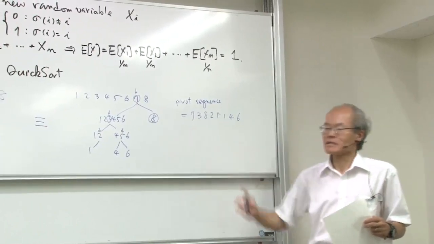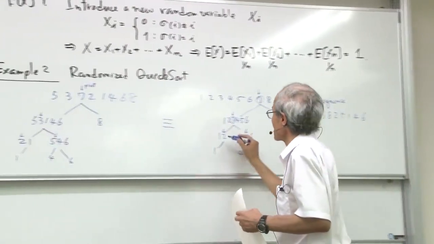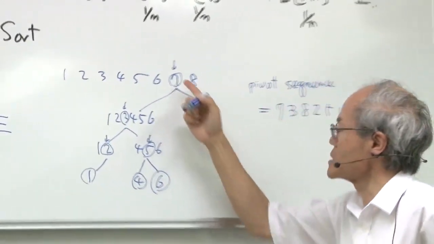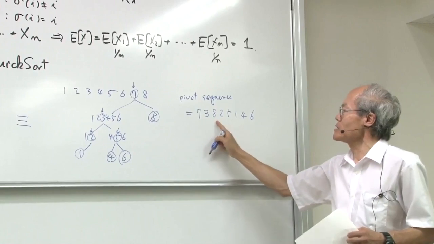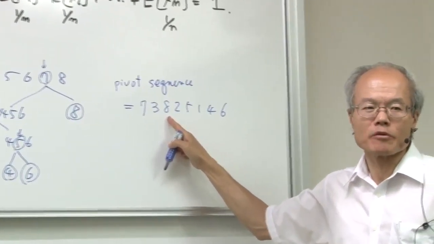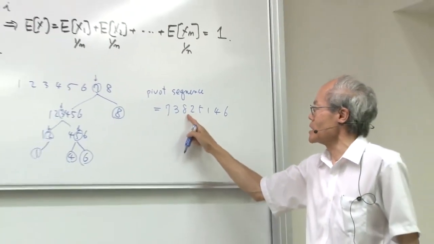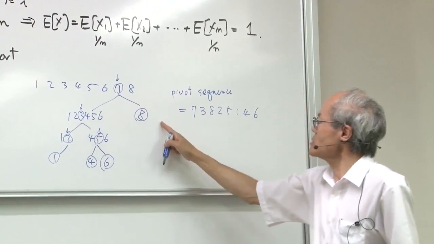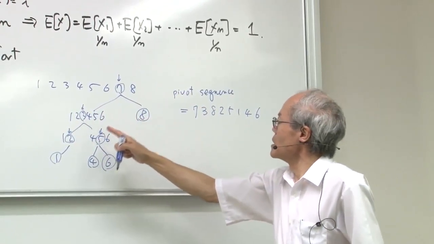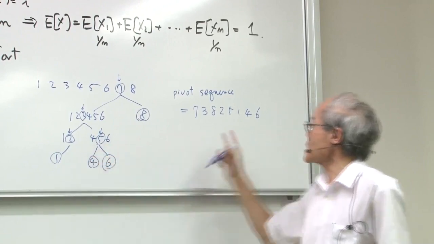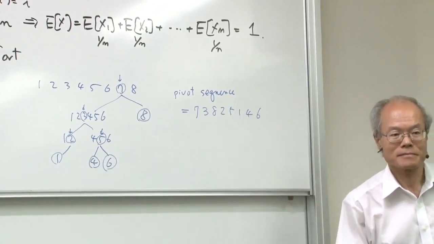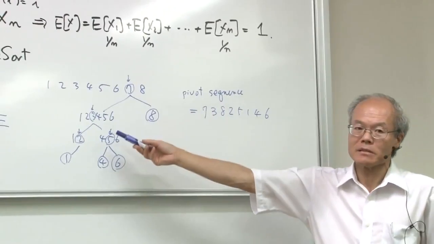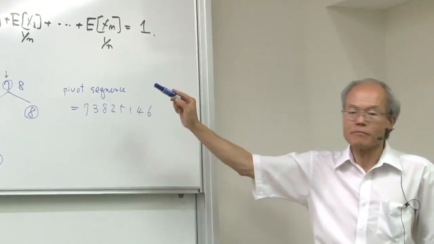Only one number, but this is also a pivot. The pivot sequence is 7, 3, 8, 2, 5, 1, 4, 6. Maybe 8 might not be in this position, but it's not so important. This is a pivot sequence. That means this sorting process can be completely described by a pivot sequence.